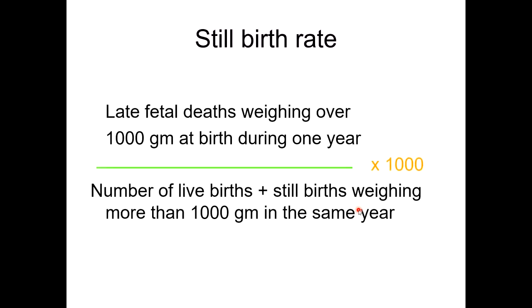Going towards the stillbirth rate, we can calculate the late fetal deaths, and you can take one parameter: either it may be the weight of the child, or it can be the completed gestational age of the child.